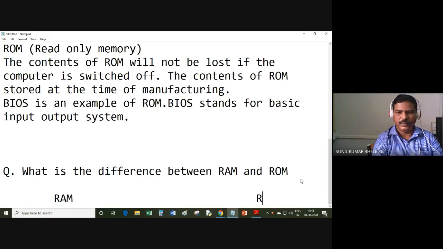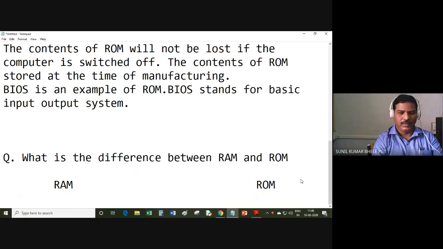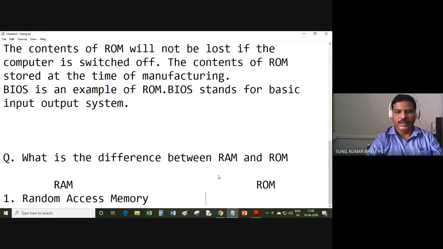First, write down the full form, the acronym. RAM stands for random access memory, and here you can write read-only memory.